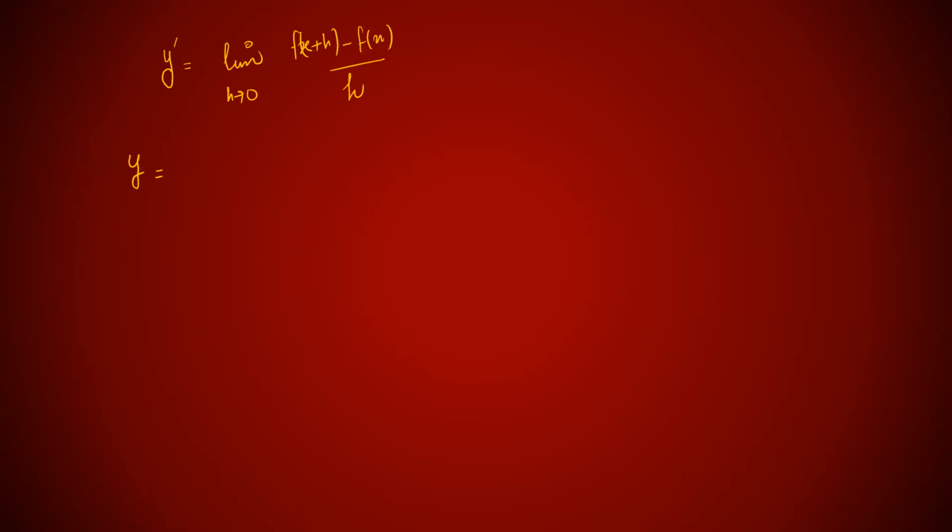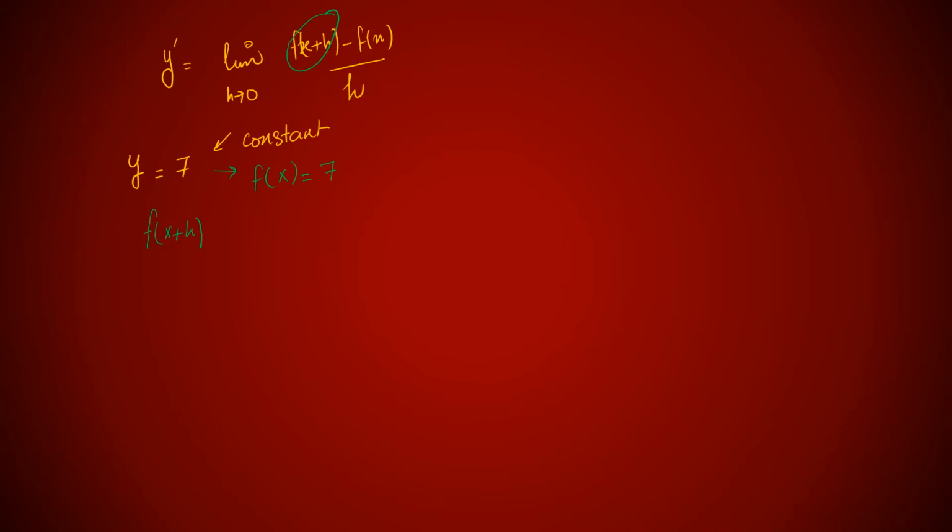Let's suppose the question is y equals 7, and everyone knows that 7 is a constant number. Look at the formula. The first thing written is f of x plus h, so you have to find f of x plus h. Since f of x equals 7, how can we find f of x plus h?